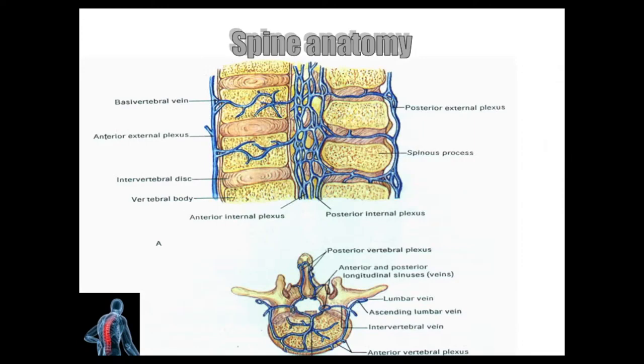If we talk about the blood supply, it is perfect. For vertebrae in general, for the spinal cord, for the vertebral column, we have perfect blood supply. If we talk about the arterial blood supply, we have direct branches from the aorta.